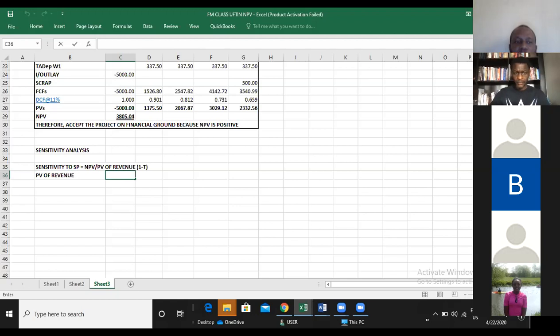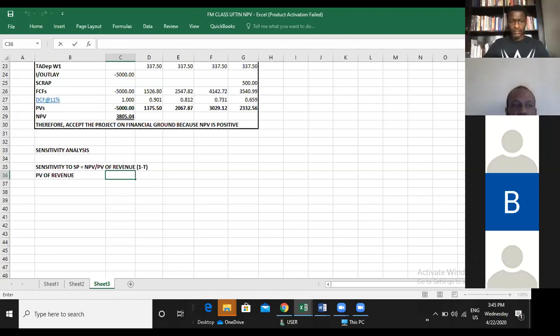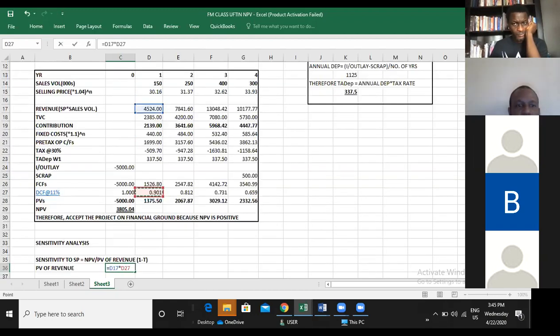So what I can do is say it is equal to this figure multiplied by the discount factor for that year plus the next year multiplied by the discount factor for that year plus the next year again.